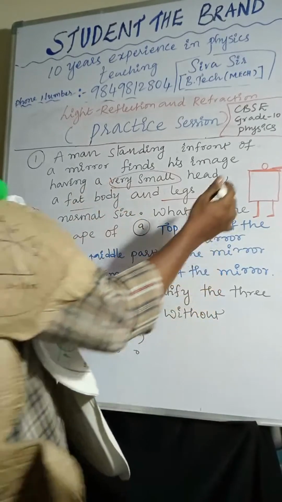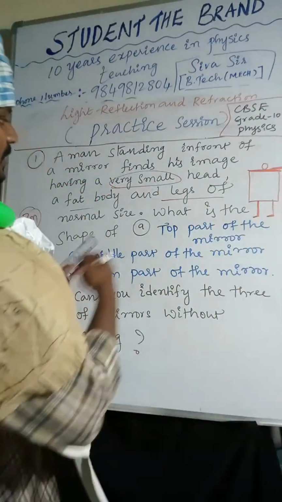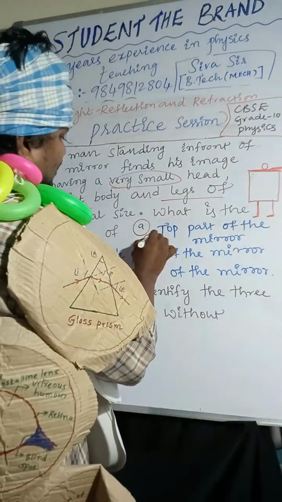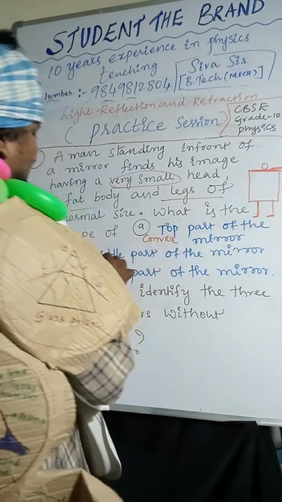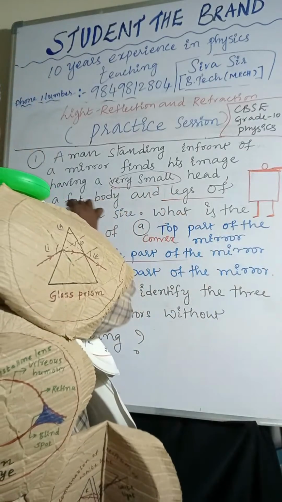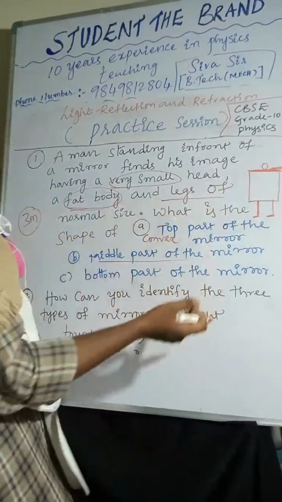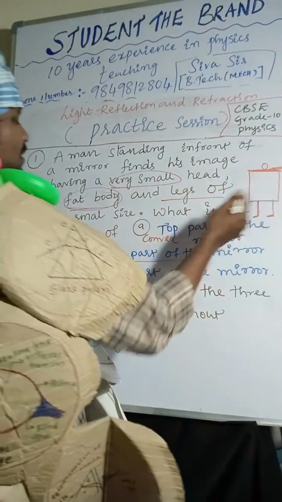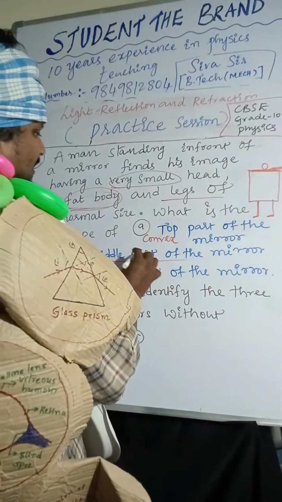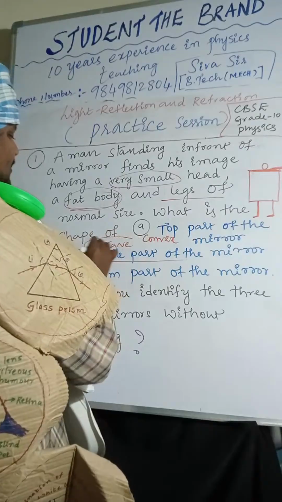The middle portion is the fat body, so we see an enlarged image, and we get an enlarged image in a concave mirror.